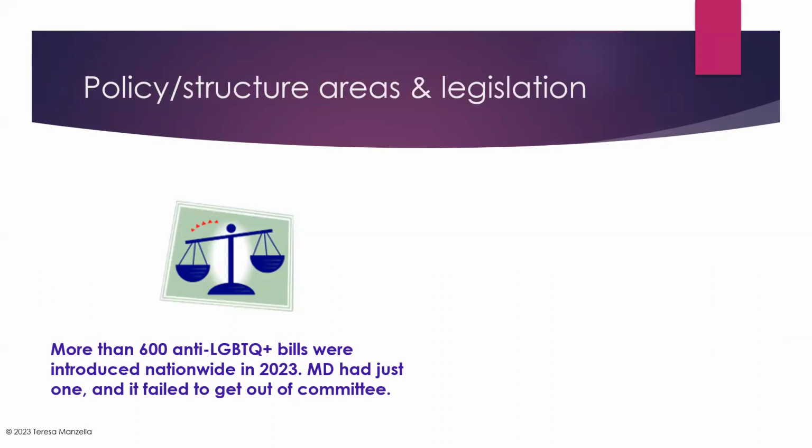So as I mentioned earlier, about 600 plus anti-LGBTQ bills were introduced nationwide this year. That one in Maryland, as I mentioned, targeted trans girls' participation in athletics, but it didn't get out of committee, fortunately. So there are some policy and structure areas that have an impact on students' experiences.